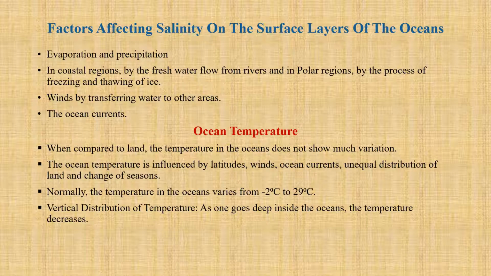Next we go for ocean temperature. When compared to land, the temperature in the oceans does not show much variation. The ocean temperature is influenced by latitudes, winds, ocean currents, unequal distribution of land, and the change of seasons. You know that at the equator there is high temperature, and at the poles we find minus degrees temperature.